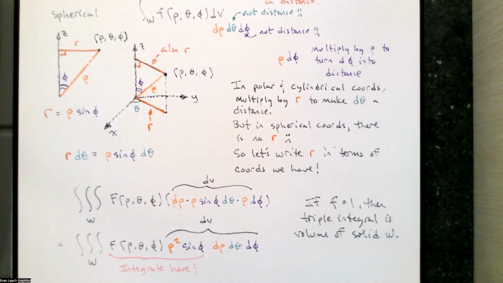Let's look at an example of integrating the function 1 and including this extra rho squared sine of phi.